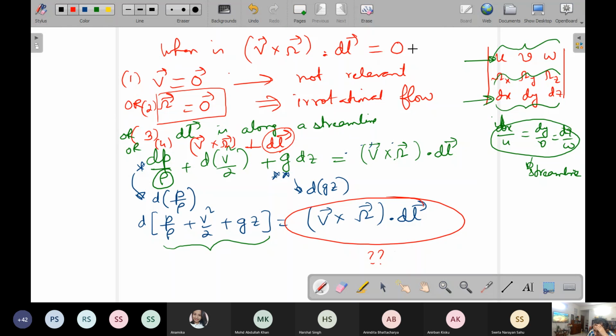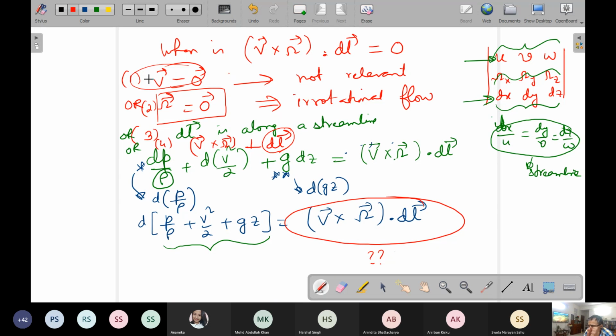So this right hand side is equal to 0, except for the trivial case of velocity equal to 0, if either dl is along a streamline, or the flow is irrotational, or V cross omega is perpendicular to dl.